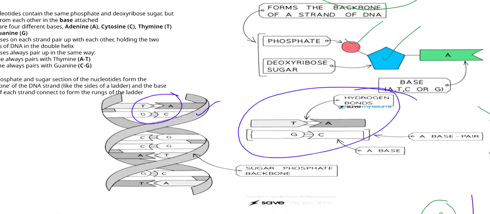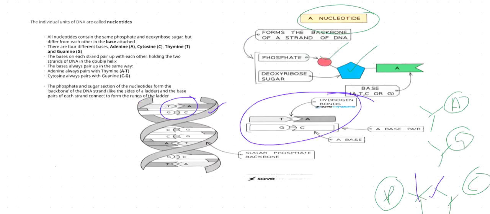Between A and T there is a double hydrogen bond, and between G and C there is a triple hydrogen bond. In this way a complete ladder is formed. So the two strands twisted around each other remain intact because of the hydrogen bonding between A, T, G, and C.